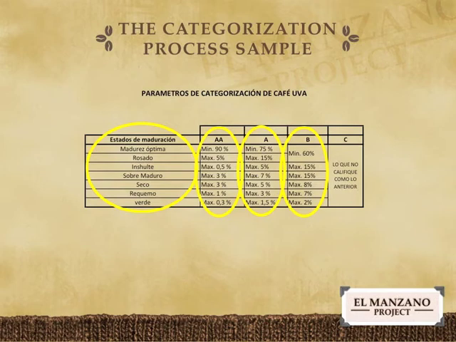And C is any coffee that didn't get classified as AA, A, or B. So anything that doesn't have minimum 60% of pink and fully ripe goes to C category. So those are our parameters on how to evaluate the cherries.